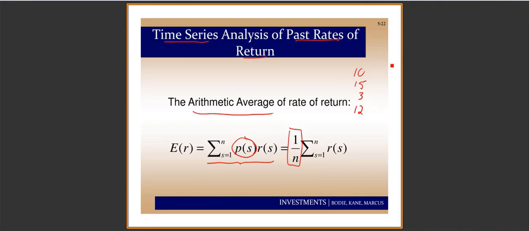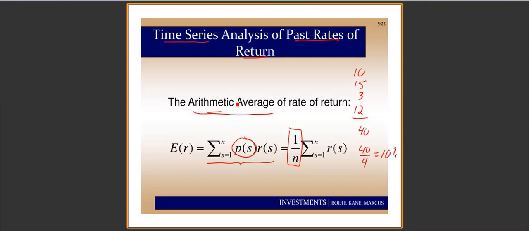We've been doing that since grade school. 10 plus 15 plus 3 plus 12, all that sums to 40. And so if we take 40 and divide by 4, because there are 4 observations, we get an arithmetic mean of 10%. That's all we're doing on this page. It's the arithmetic average.